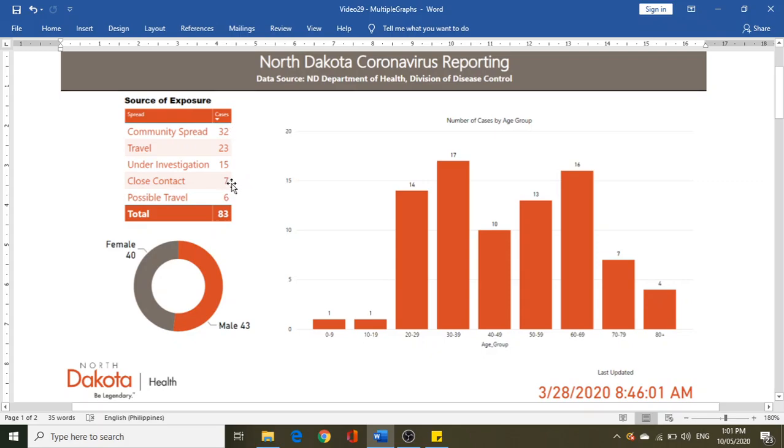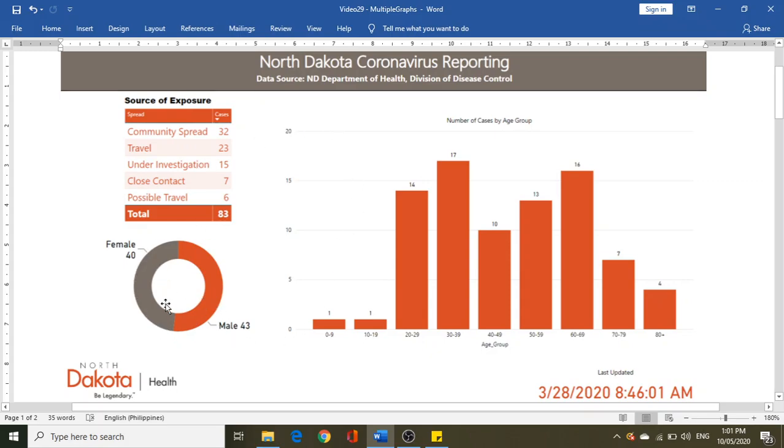So we can combine these two together at 32 and 7 cases respectively. And then for travel, we can combine that with that one over there. So that's another cluster. And then meanwhile, we can say that the rest of the cases were still under investigation.